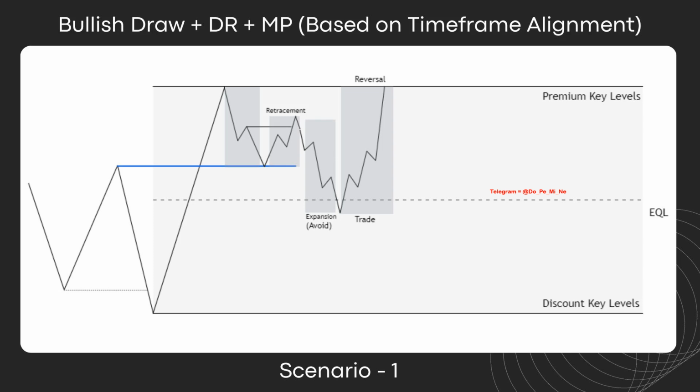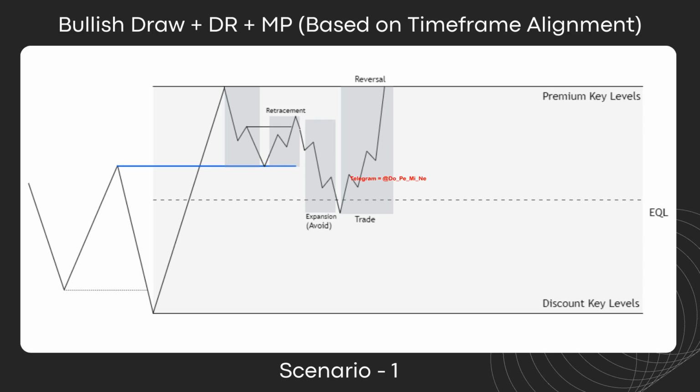So let's say another time you are dealing with a bullish market structure, and you've seen a bullish dealing range, and you've got a key level inside the premium. Now you're going to be cautious around that key level, because you know that price is most likely going to retrace to a discount key level before it could move higher. But we also had this premium key level, so you're going to be wondering what price is going to do at this key level, right?